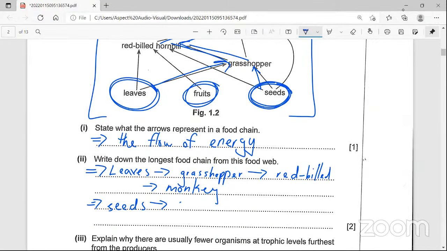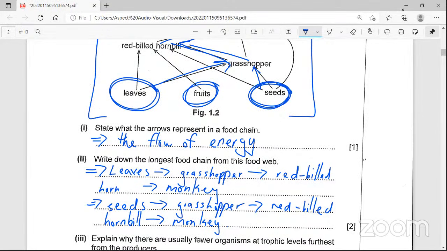So seeds, grasshopper, then to the red-billed hornbill, to the monkey. Are we together? So any of those 2, you get your marks. Now we copied that down. Have we all copied that down? All right, so can we move on?